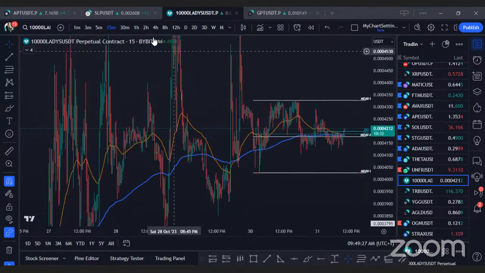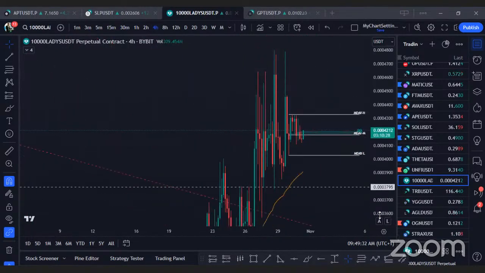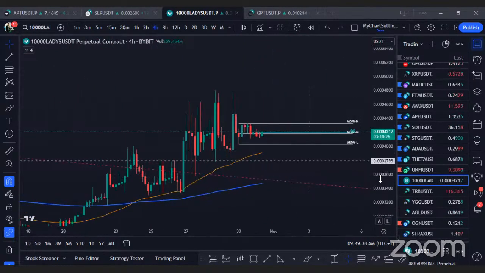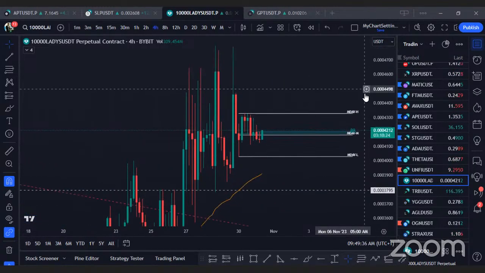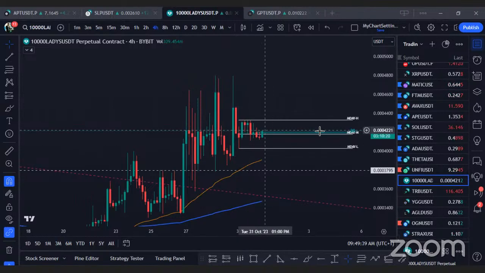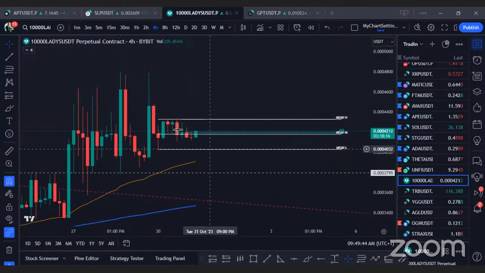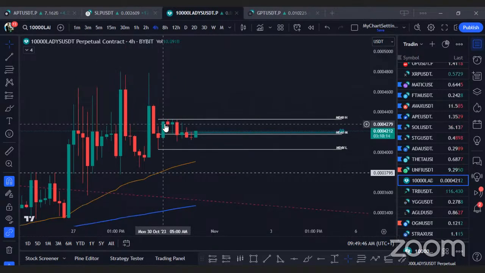I'm still looking for a long on this trade for the 10,000 LADYS. It's actually 10,000, not 1,000, guys. So if we get down to this area, that's the area I'm looking at taking a trade. But let's see how that will work.